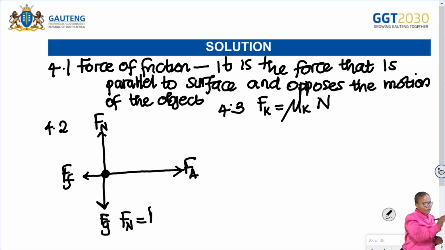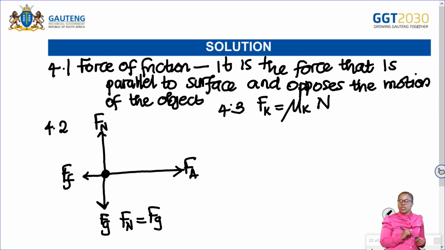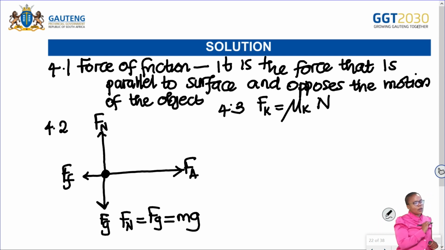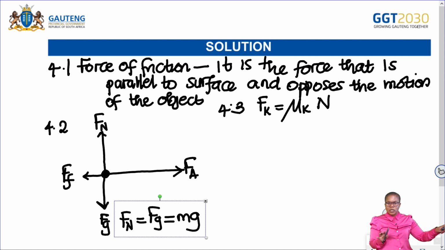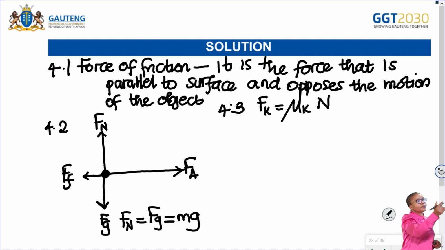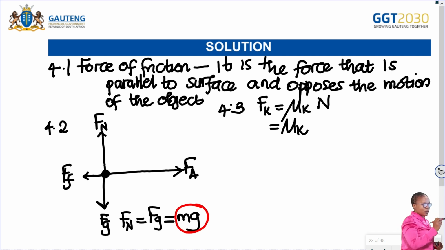Okay, so if Fn is equal to Fg, what is Fg? Fg is equal to mg. Okay, so we expand our normal force, it is equal to Fg. Therefore, this is our mu k, and N is therefore equal to mg, multiplied by mg.